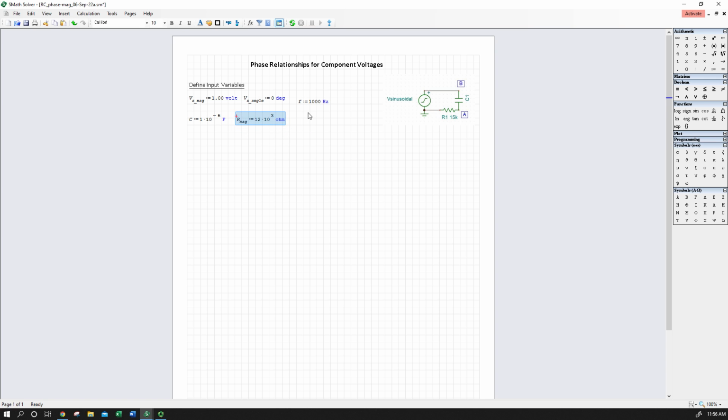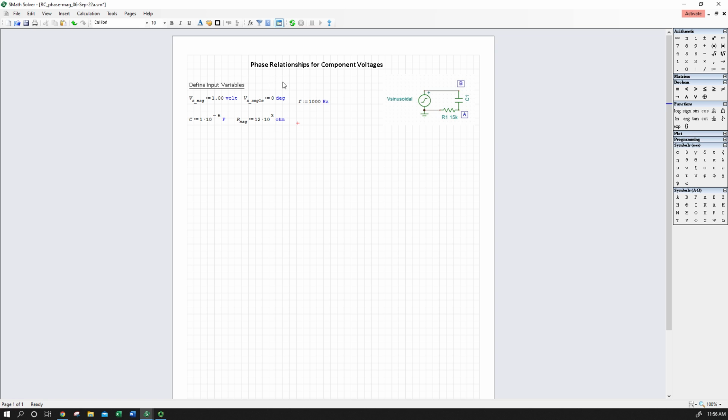As you can see, I'm trying to be pretty careful about lining things up on the SMath sheet. It's not a spreadsheet, it's an SMath calculator sheet, a solver sheet. It's important to keep things in the right order from the top of the page to the bottom of the page because, as it turns out, SMath can only perform a calculation on a variable that was defined further up the page, closer to the top.